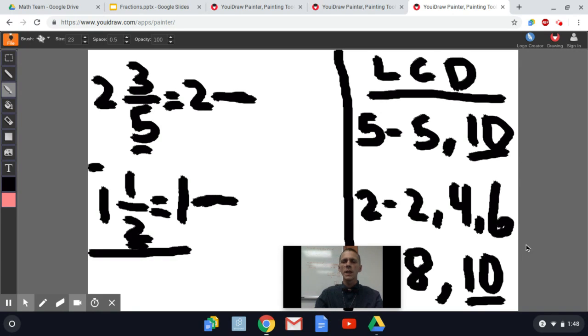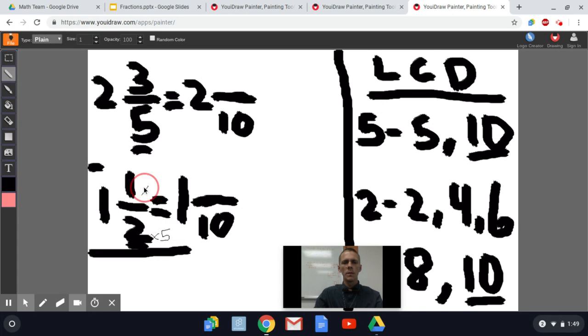So back to the example, our common denominator was 10. So we're going to fill that in. Now let's find the top. 2 times what number is 10? Perfect, 5, because 2 times 5 is 10.